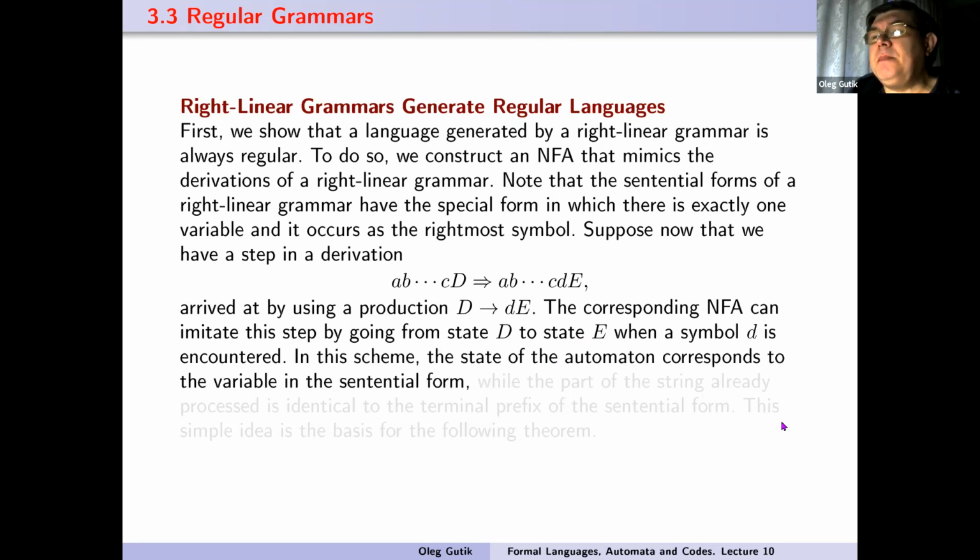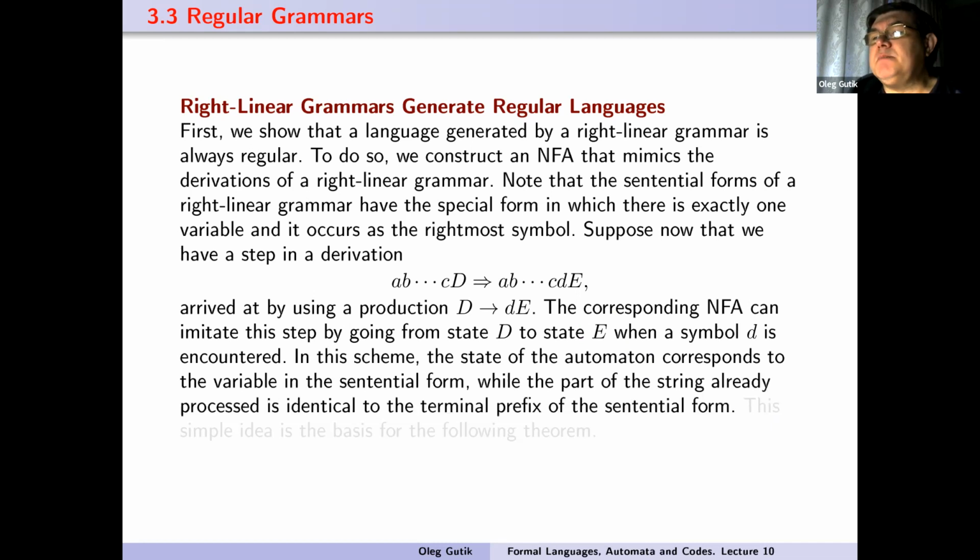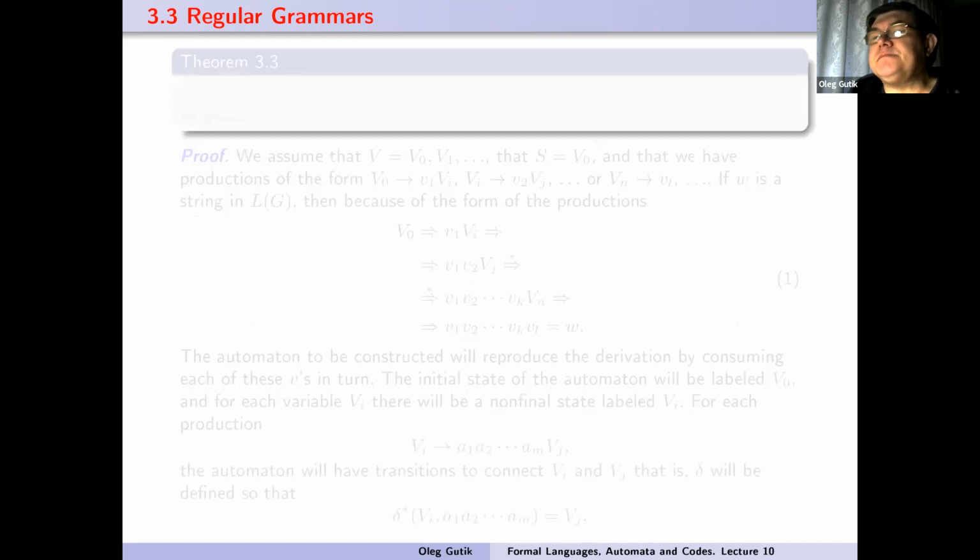In this scheme, the state of the automaton corresponds to the variable in the sentential form, while the part of the string already processed is identical to the terminal prefix of the sentential form. This simple idea is the basis for the following theorem.